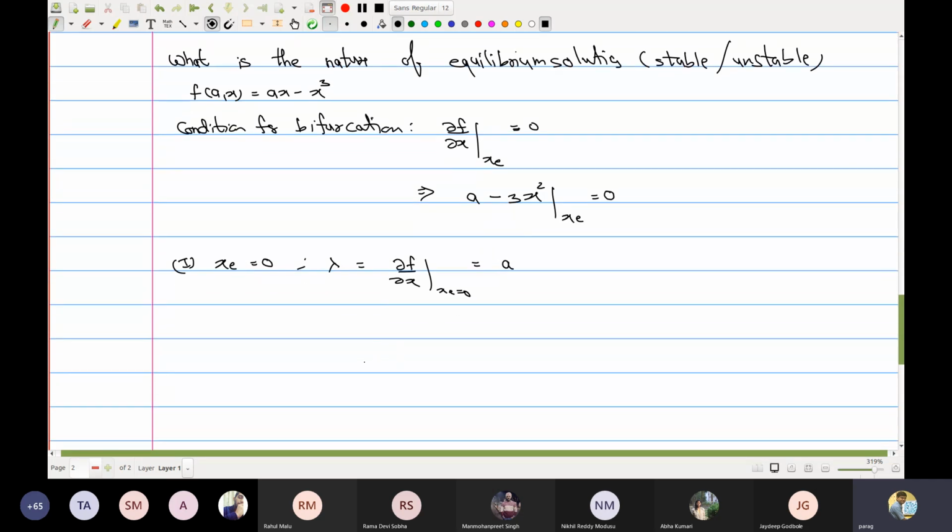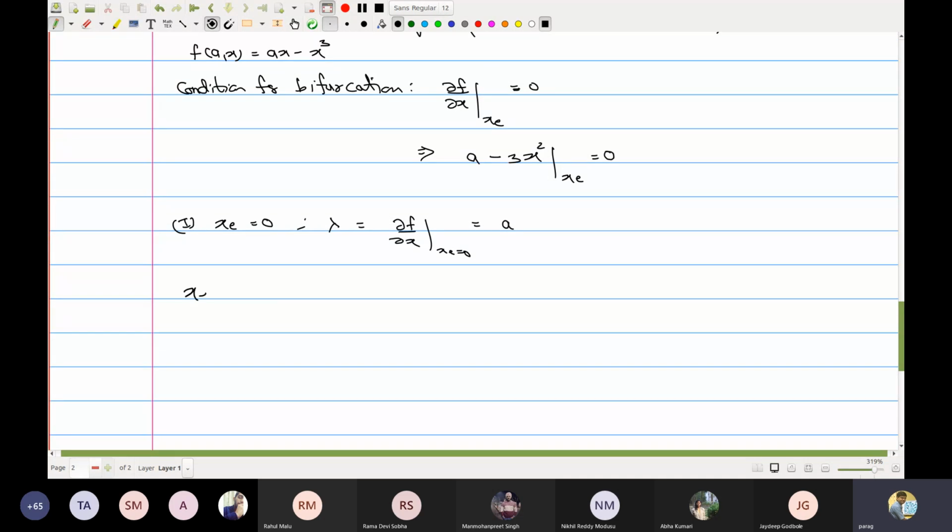So that means I can write xe is equal to 0 is stable when a is less than 0 and xe is equal to 0 is unstable when a is greater than 0. A straightforward conclusion.